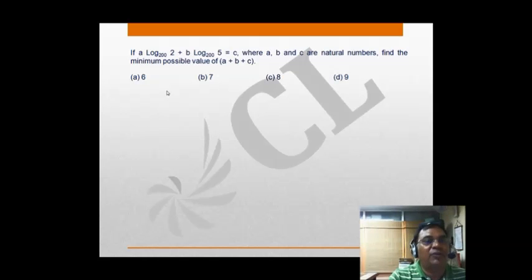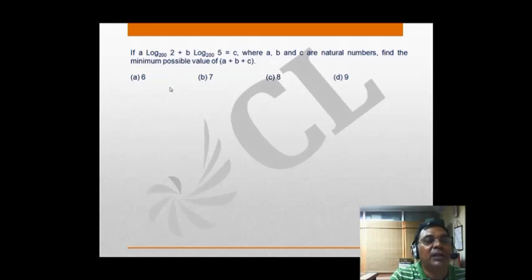This I would like to just explain, how I'm going to go about it. a log 2 of 2 plus b log 2 of 5 is equal to c, where a, b, c are natural numbers. Find the minimum possible value of a plus b plus c. If I have to take the minimum possible value, so basically I like to make the product 200.